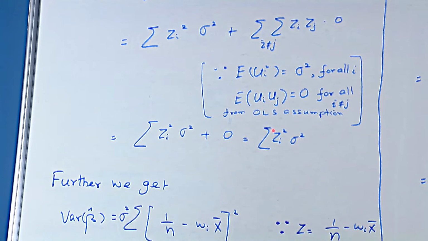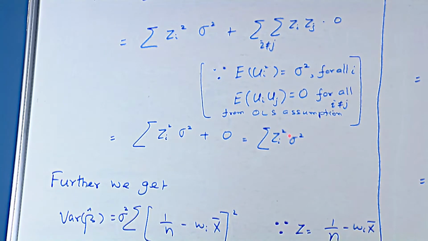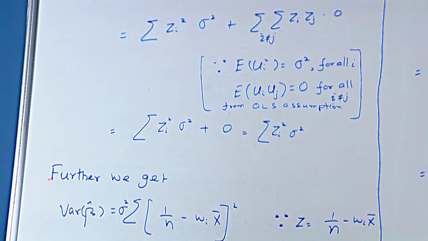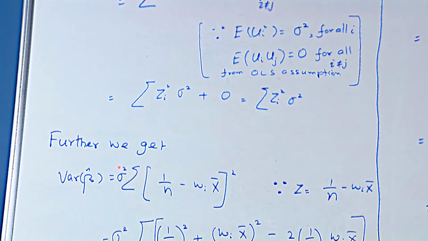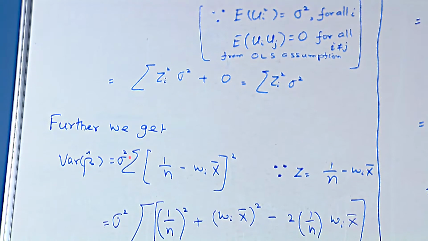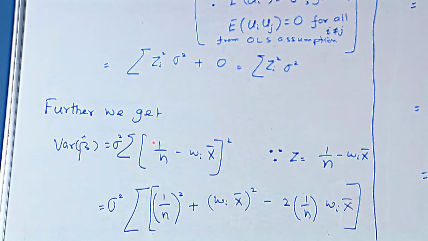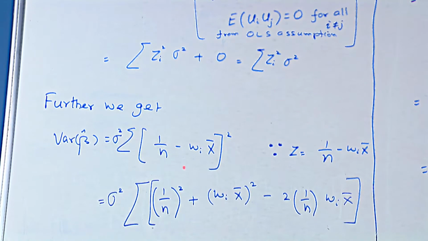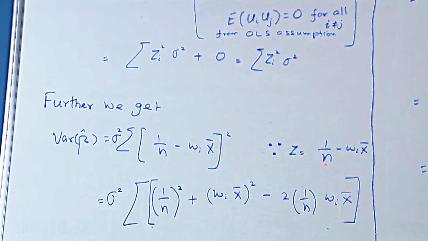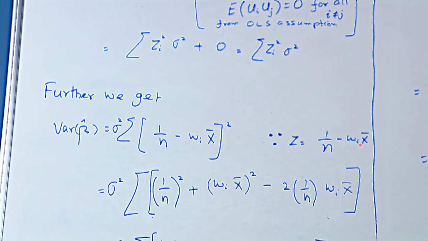Now we can substitute the value for zi. So we further get variance of beta hat is equal to sigma square into sigma 1 by n minus wi x bar the whole square, since zi is equal to 1 by n minus wi x bar.